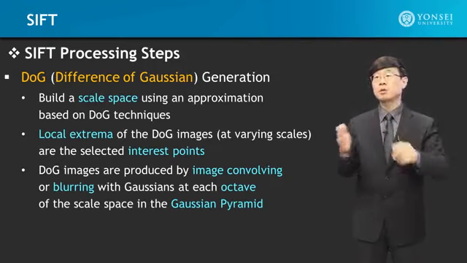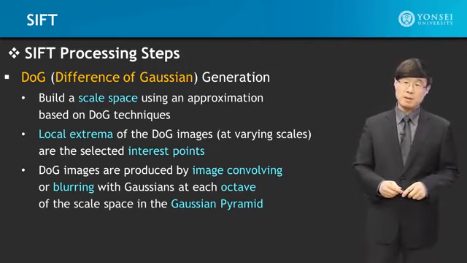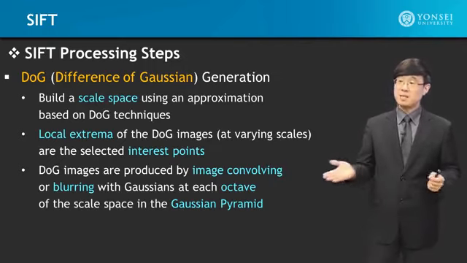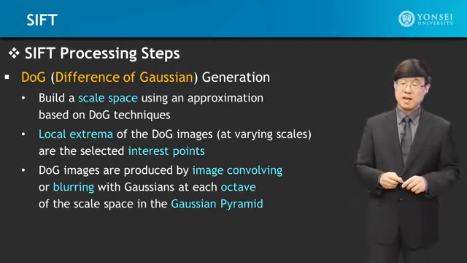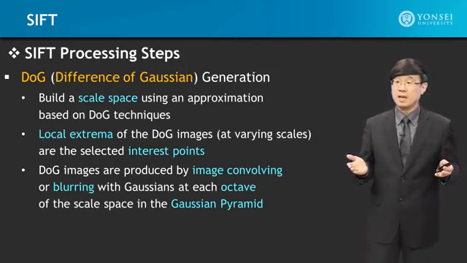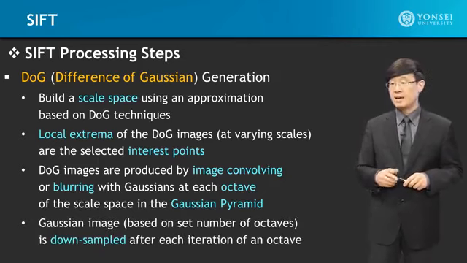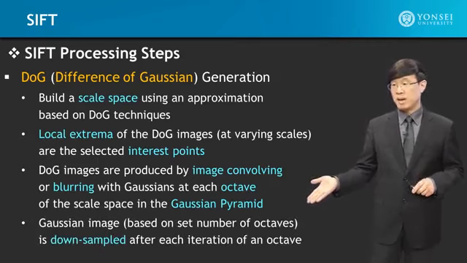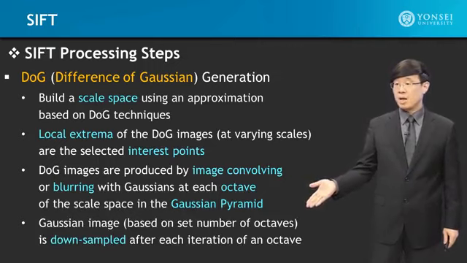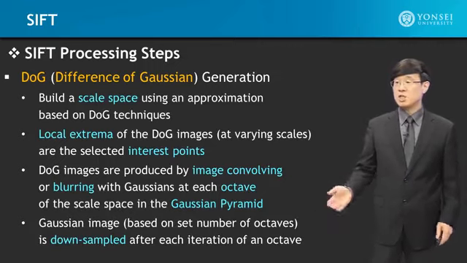Stacking them up, it will look like a pyramid of images based upon Gaussian processing. The processing involves convolution or blurring techniques. And these Gaussian images, based on the number of octaves, are downsampled after each iteration.